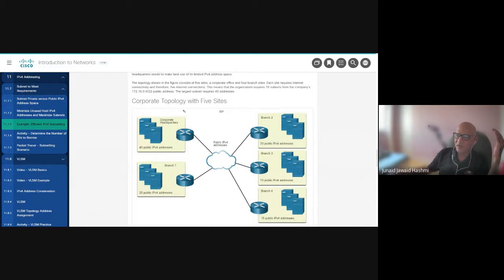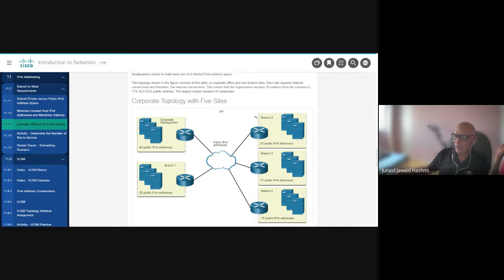All right, so here's the common topology. So how do you subnet? Here's the common topology with 5 sites. You have corporate headquarters, requiring 4 public IP version 4 addresses. You have a branch requiring 25 public IP version 4 addresses, right?